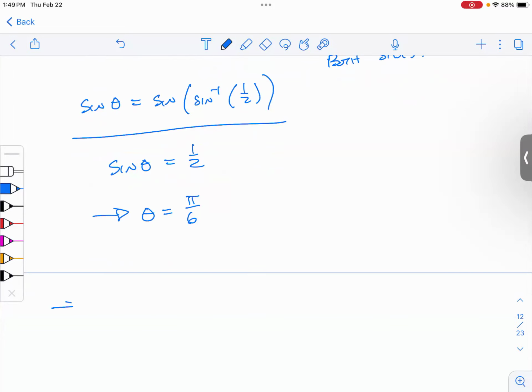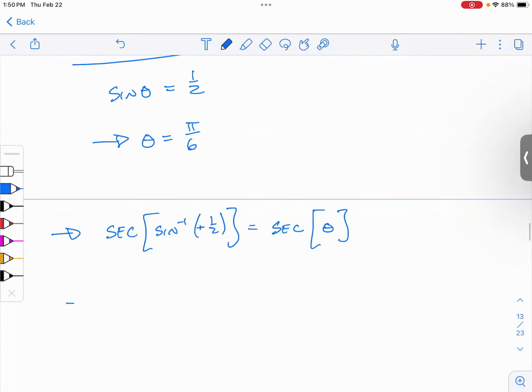And then back to our equation. Secant of that whole thing. We'll get rid of that. And since we have secant, but I don't know what secant is, anything.